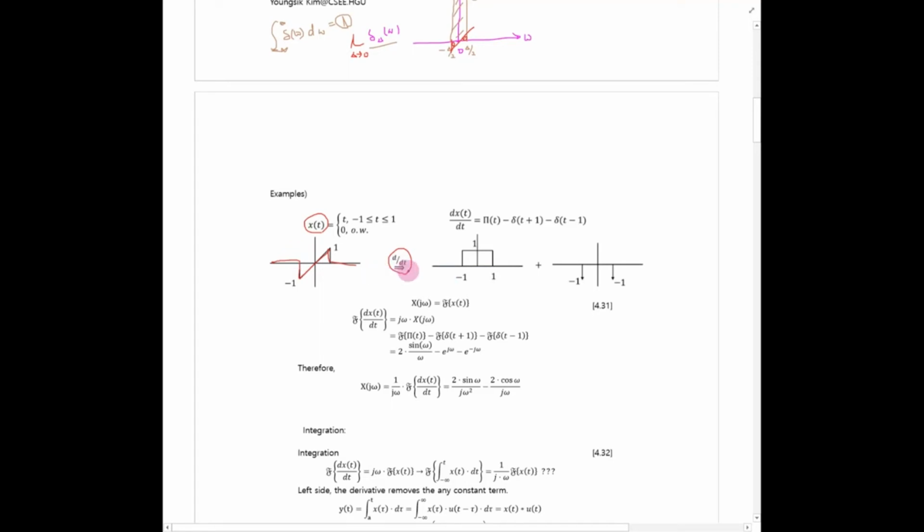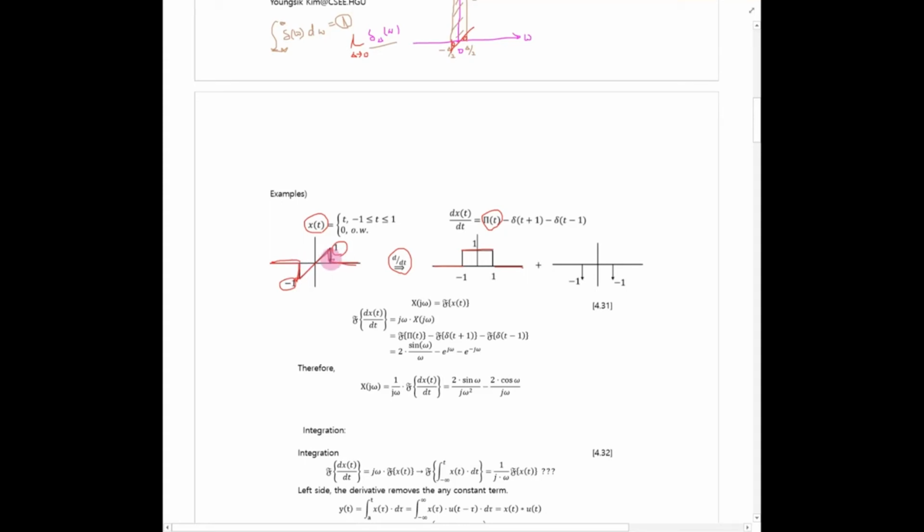If t is not at -1 and 1, then the derivative value is 0, and here also 0. So 0 and 0. And if t is in between -1 and 1, its slope is 1, so it follows this curve. That's the rectangular pulse. And at the t equals -1 and 1 points, there is a step down change, both of them.